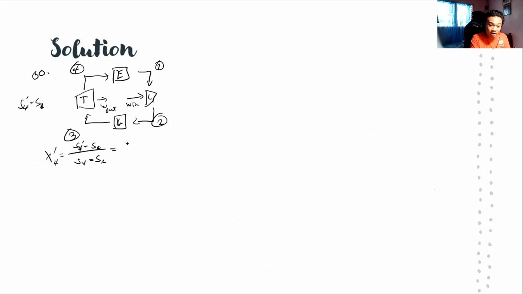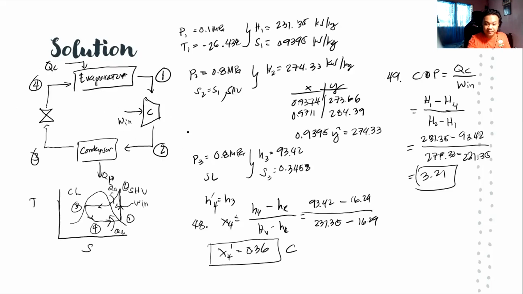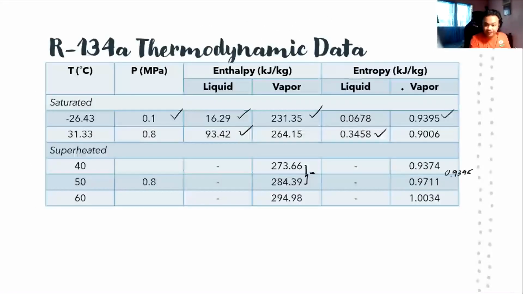So X4 prime is 0.3458 minus SL, the liquid here, and then our vapor. That's our SL and SV.